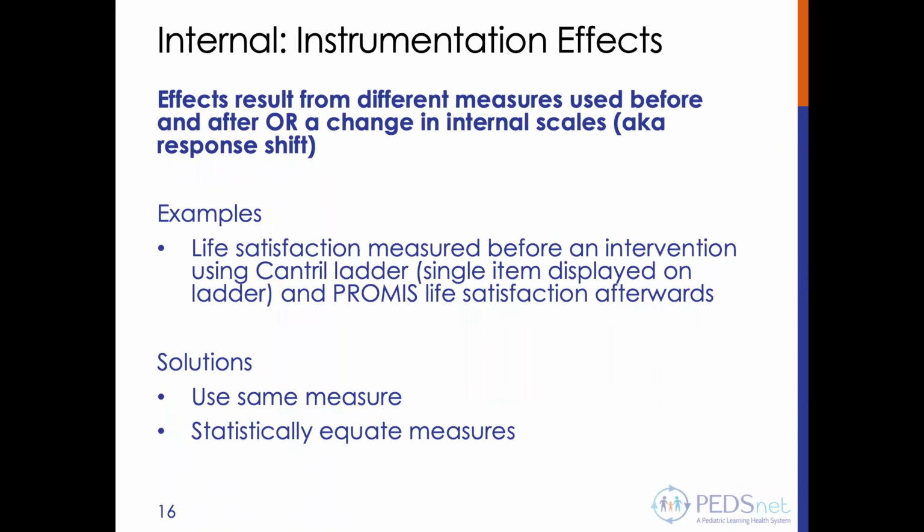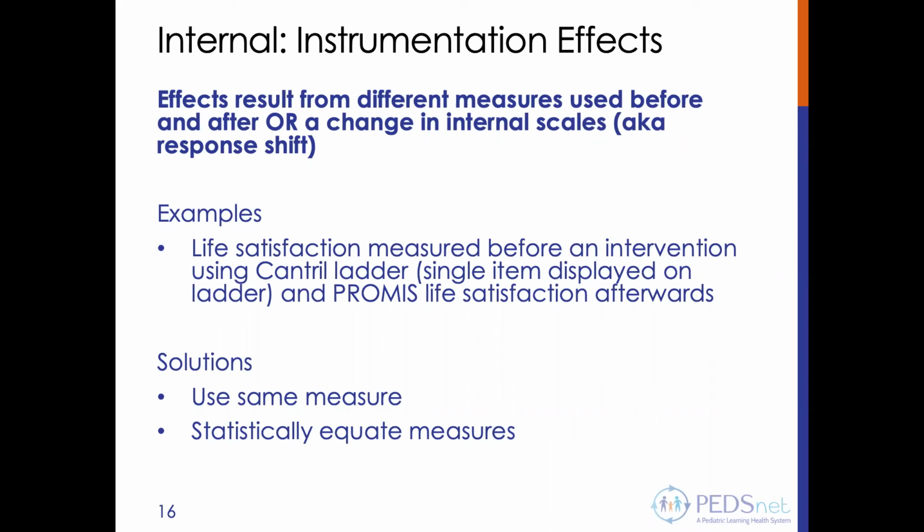The next threat to validity is instrumentation effects. This is maybe the simplest one to see and the simplest one to address, because it results from different measures being used before or after a change in internal scales. Let's talk a bit about the first part, using different measures. An example is the longitudinal study. Let's say you've been giving life satisfaction measures for years, using the Cantril ladder, which is a single item displayed on a ladder.